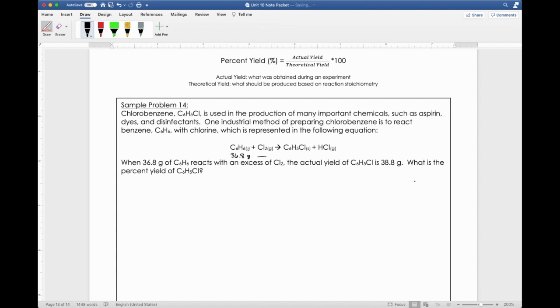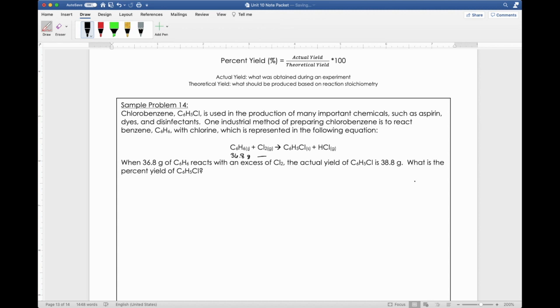So what this problem is saying is that when you react 36.8 grams of benzene, according to this chemical reaction, you are going to actually experimentally produce 38.8 grams. However, that's not the theoretical yield. We could probably produce more than that.